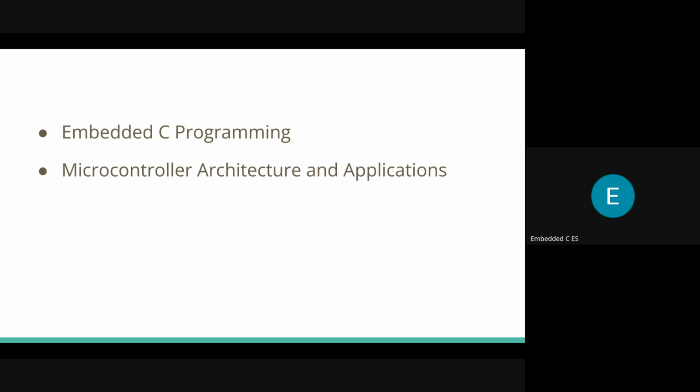Then microcontroller architecture and application: you can understand the basic microcontroller architecture, including CPU, memory, and I/O interface. The second thing is peripheral interfacing: we learn to interface and manage peripherals such as sensors, motors, and displays, and you'll understand the importance of hardware and software interaction.